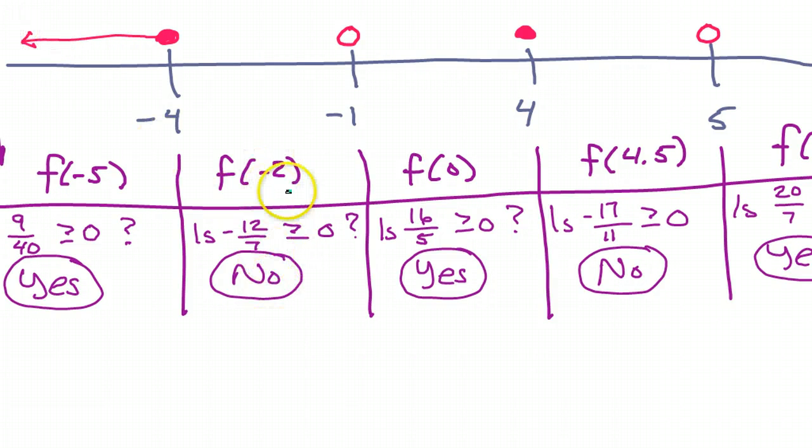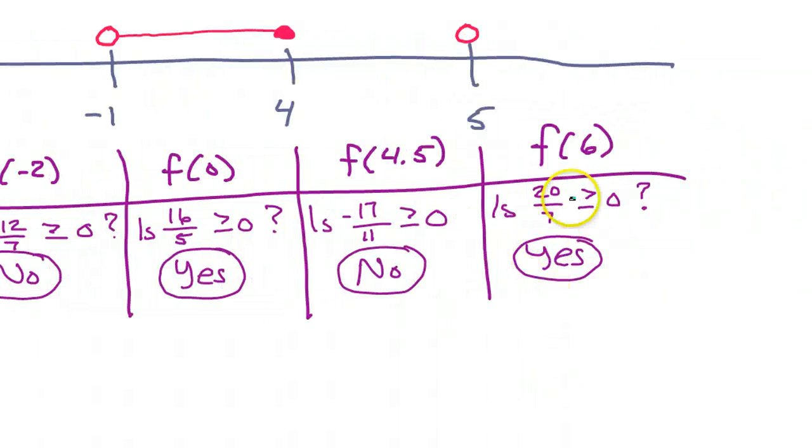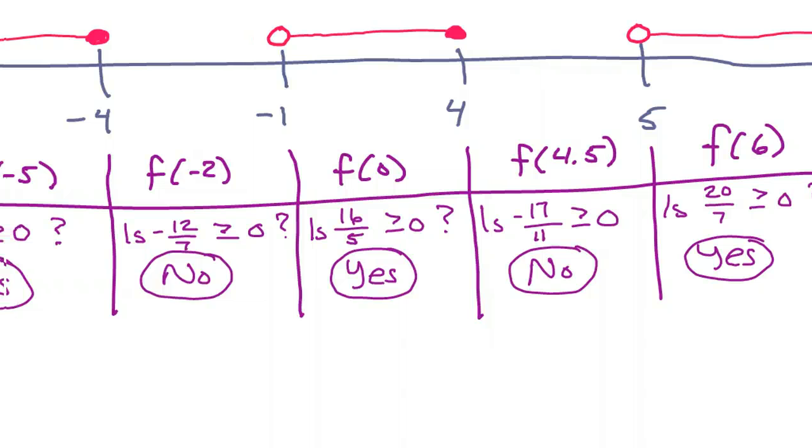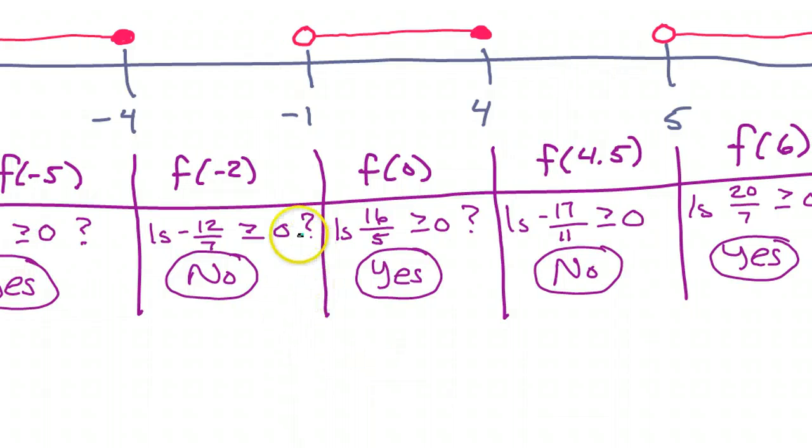Negative 2 is not a solution, leave it blank. 0 is a solution, so all of these values are solutions. 4.5 is not a solution, leave it empty. 6 is a solution, so everything greater than 5 is a solution. So there is our wonderful graph.